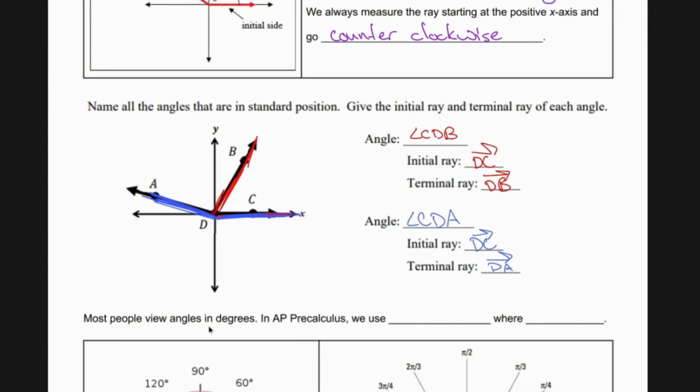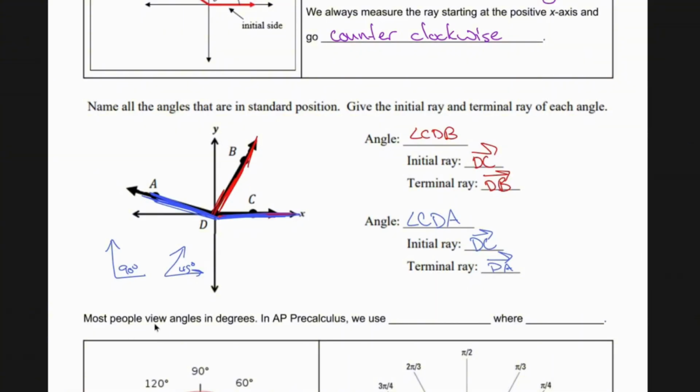Most people view angles in degrees. So you might remember that, for example, a 90-degree angle right there, and a 45-ish degree angle right there. We don't do that anymore. The idea of using degrees in AP Precalculus is dead.